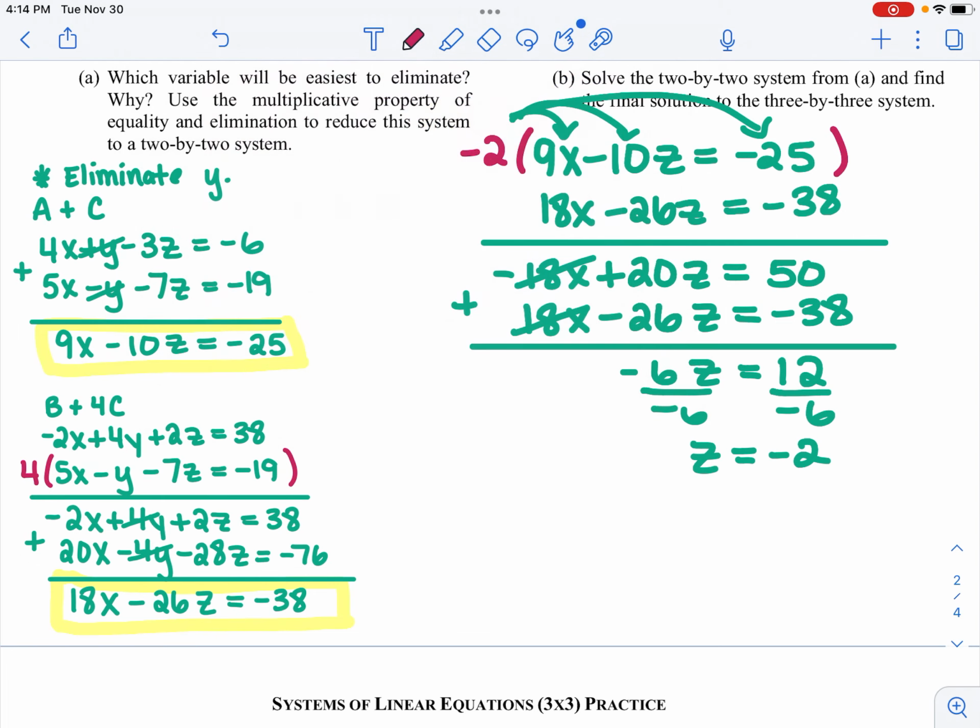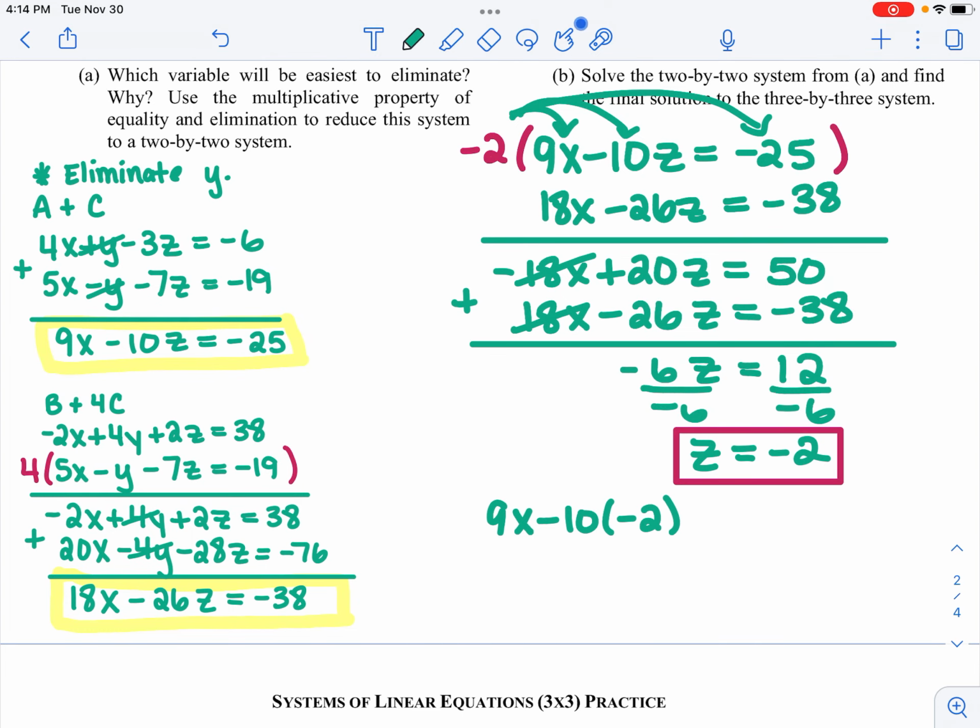Now that I have one of these variables, I can plug this value into one of my 2 variable equations. So one of the 2 that are highlighted in yellow, I'm just going to pick the first one. So 9x minus 10 times z, which is negative 2, is equal to negative 25. So 9x plus 20 equals negative 25.